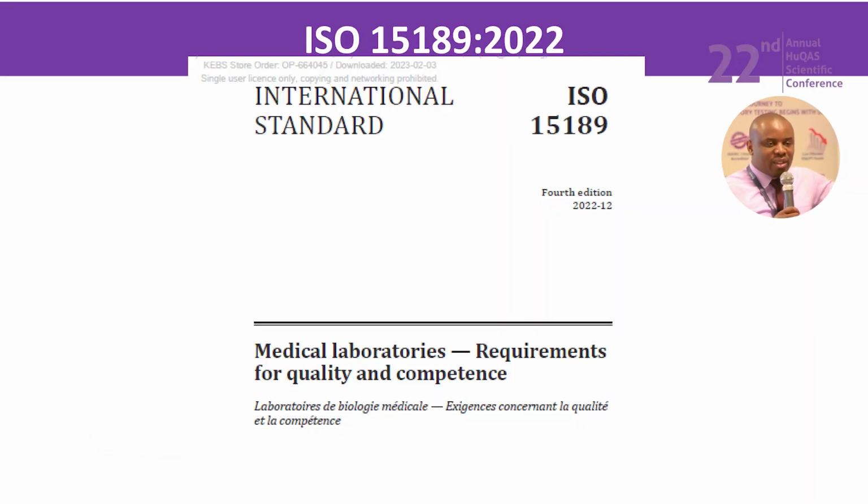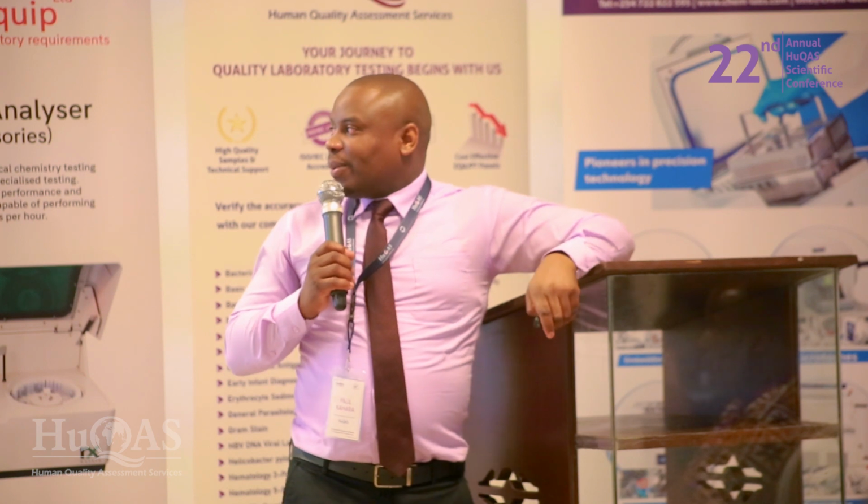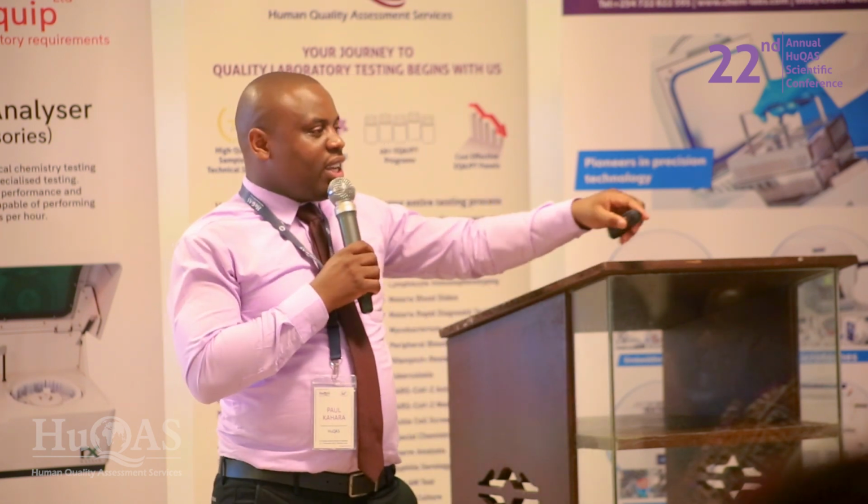So these are standards that you're talking about, the medical laboratories requirements for quality and competence. So in terms of the key changes, or in terms of the structure, you may be aware that this new standard has got 8 broad sections or 8 broad clauses.